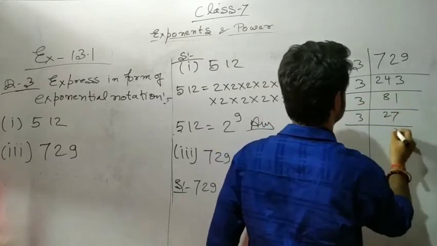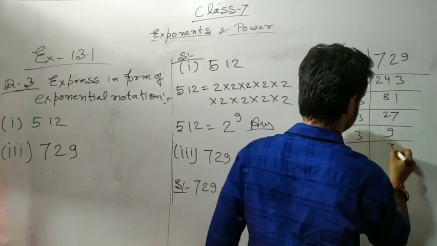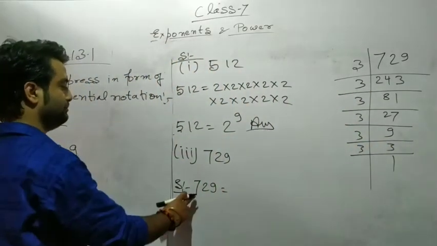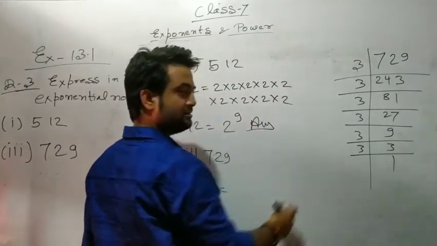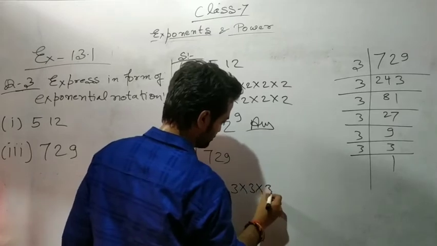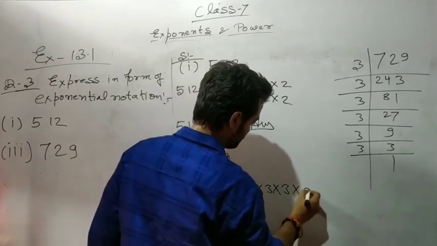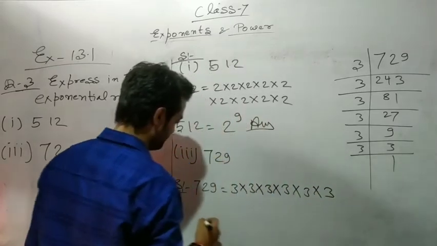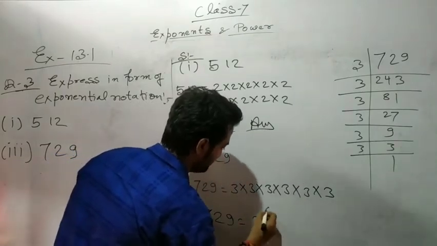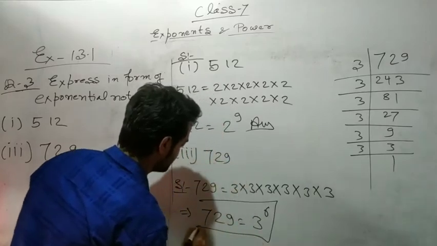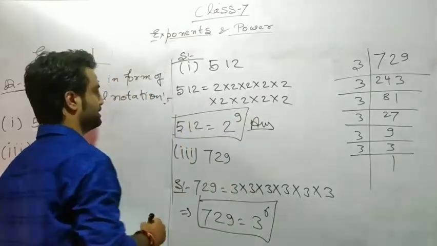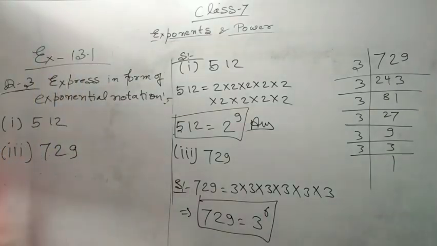As you can see, 729 means 3 multiplied with itself 6 times. So it can be written as 3 into 3 into 3 into 3 into 3 into 3. So 729 in exponential notation equals 3 raised to the power 6. So 512 equals 2 raised to the power 9, and 729 equals 3 raised to the power 6.